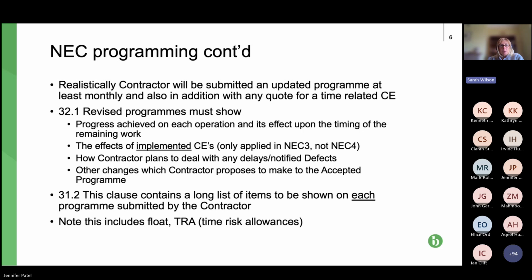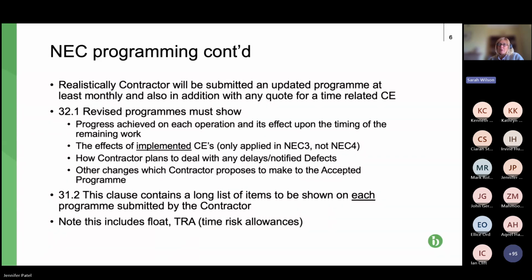So 32.1, revised programmes must show progress achieved on each operation and its effect on the timing of the remaining work. So that's probably expected. The effects of implemented CEs, so that's just for NEC 3, is a little controversial, because of course an implemented CE is one where the quote has either had the time and cost implications accepted, or the project manager has made its own assessment and it's been implemented.